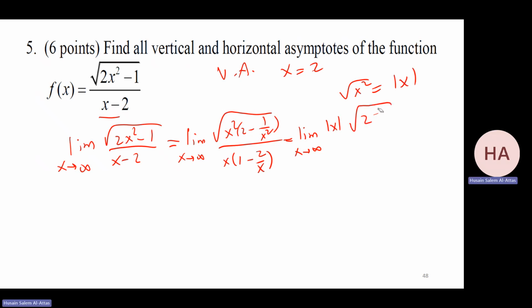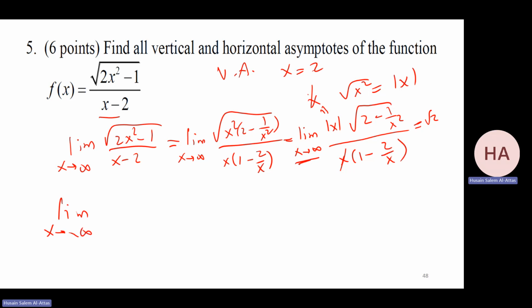So let's say we want it for the minus infinity also. For x, 1 minus 2 over x. Okay, for absolute value, for x goes to infinity, I have x. So this is cancelled. So I have what? Square root of 2 over 1, which is square root of 2. For limit, x goes to minus infinity.